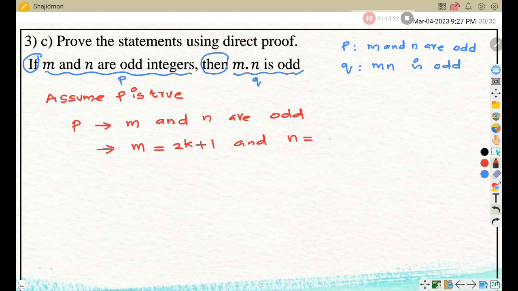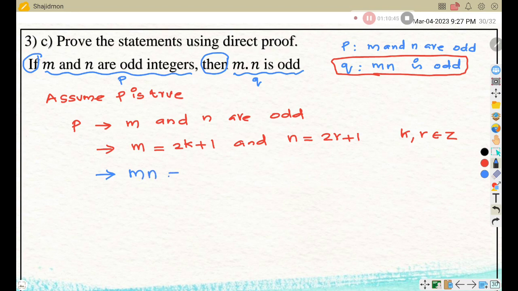Odd number means, with another variable, 2r plus 1, where k and r are integer numbers, correct? Odd number means always plus 1. Now we need to prove mn is odd, correct? m multiply n is odd. So just calculate what m multiply n is.